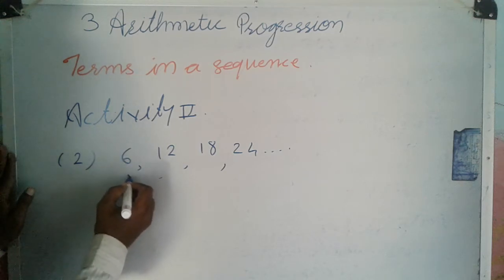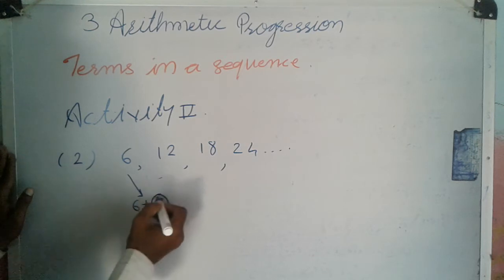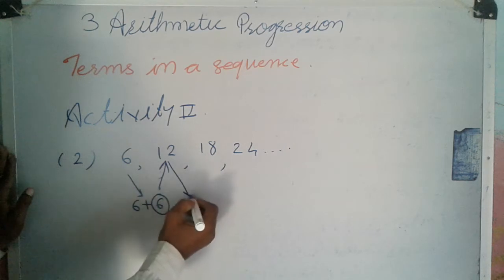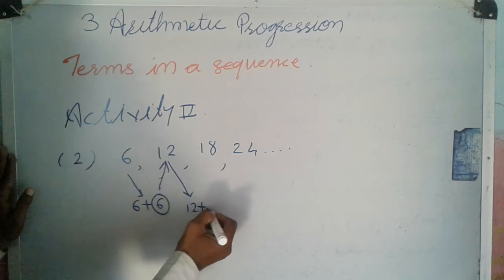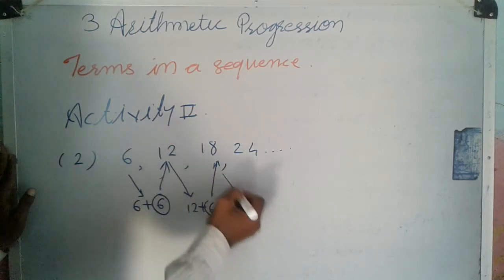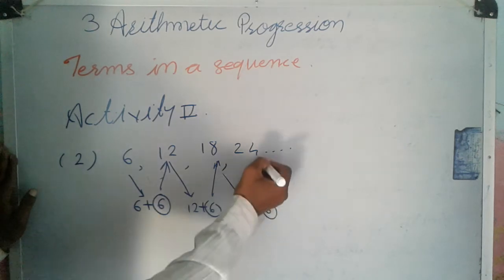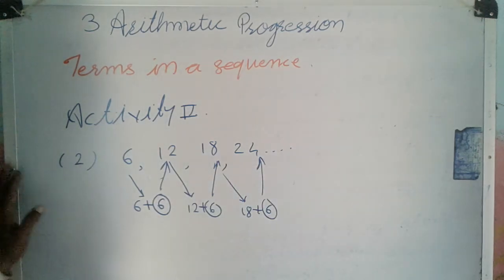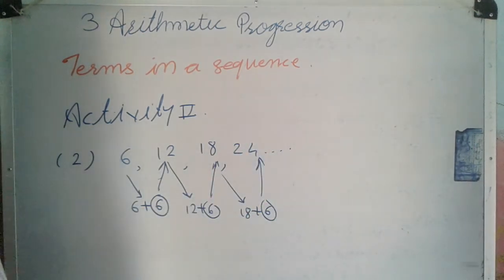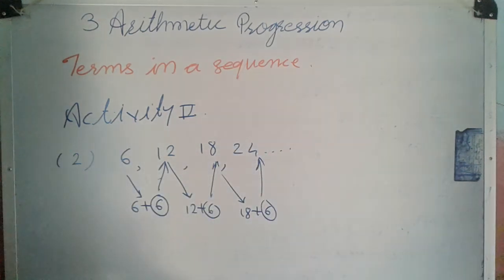So 6 plus 6, we get 12. 12 plus 6, we get 18. 18 plus 6, we get 24. 24 plus 6, we get the next term 30. 30 plus 6, we get the next term 36, like that.